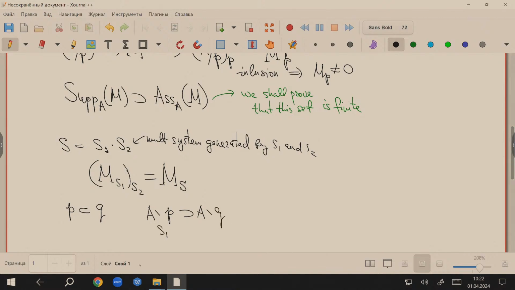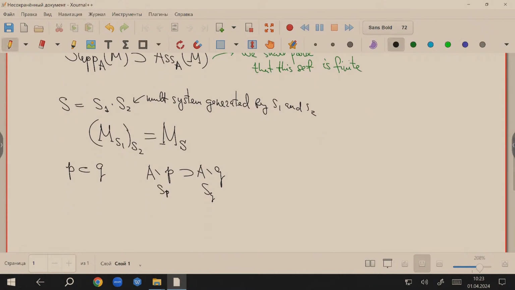So this can be S_P, and this is S_Q. When you take localization of M with respect to the larger multiplicative system, with respect to P, you can view it as if you have taken the localization with respect to Q, and then you apply localization with respect to P.